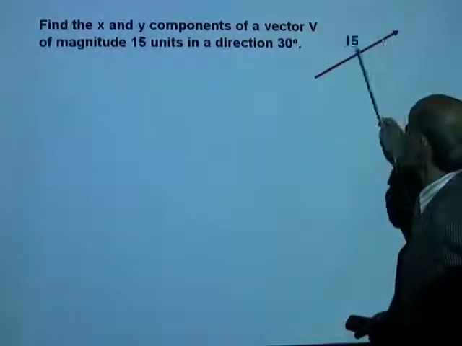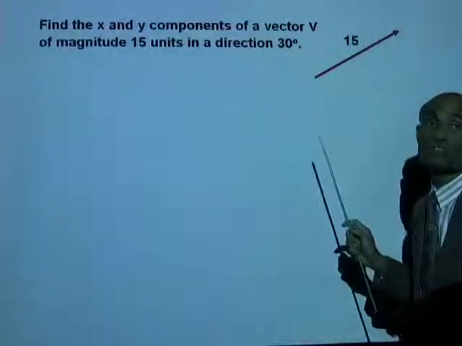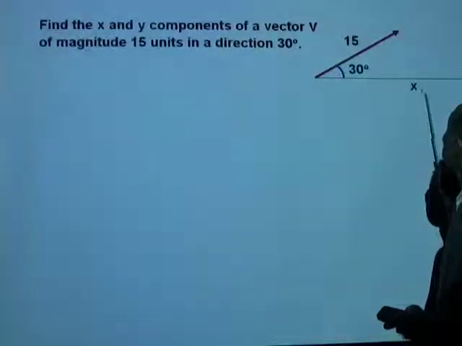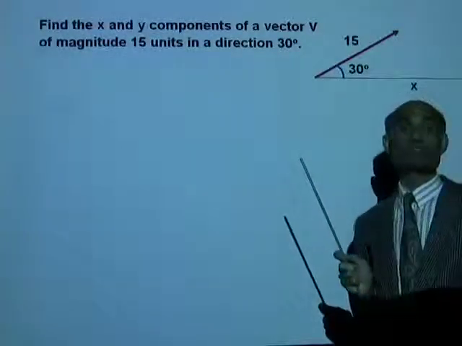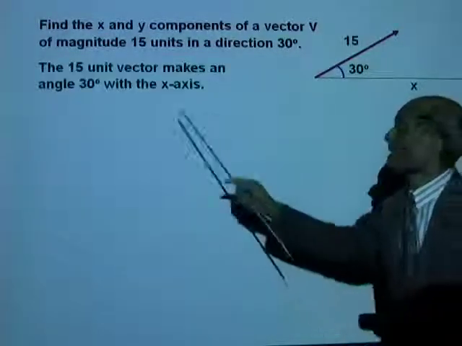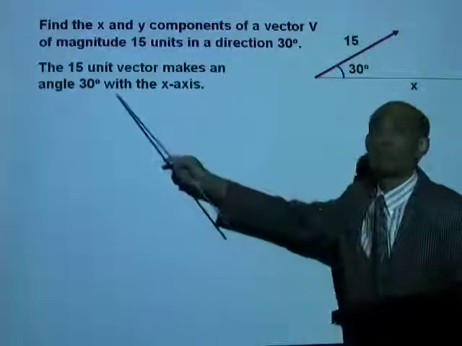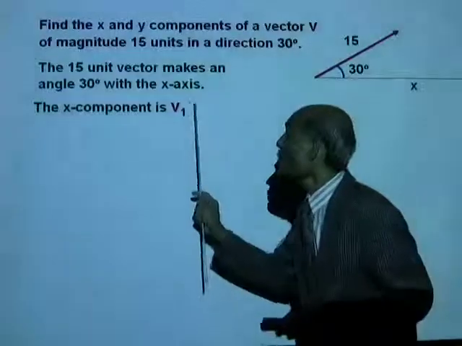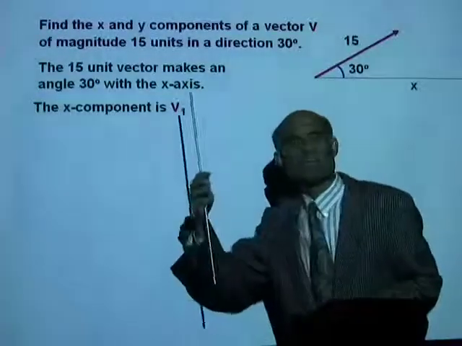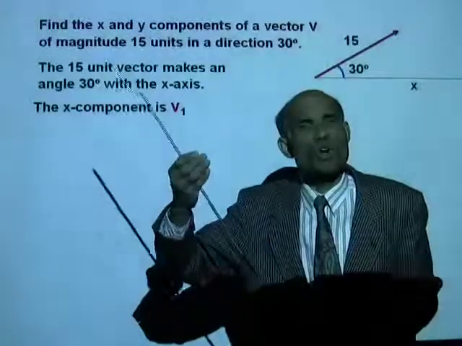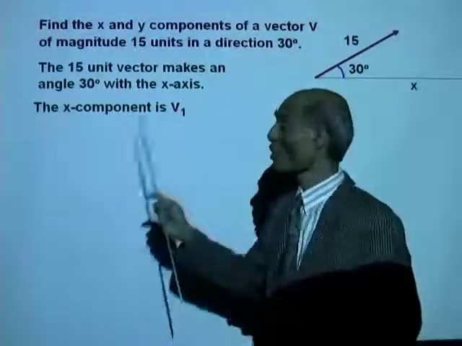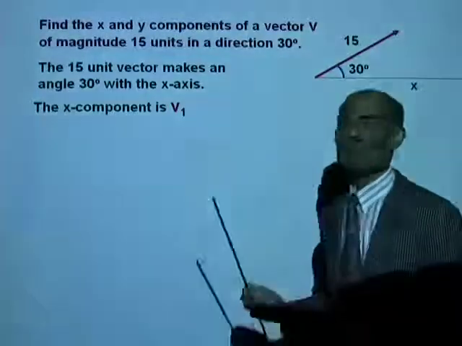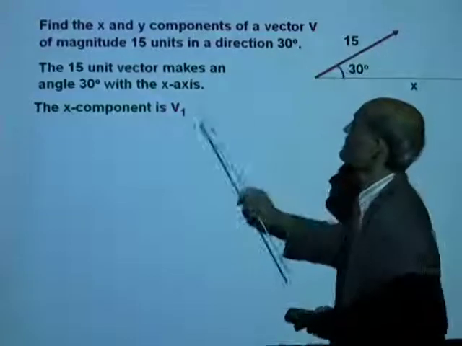This is our vector of magnitude 15 units, and it makes an angle 30 degrees with the positive x-axis. I'm going to call its x component v1. You can also call it v sub x. Let's call it v1. Alright, tell me, what is v1 equal to? What is the x component of this vector?